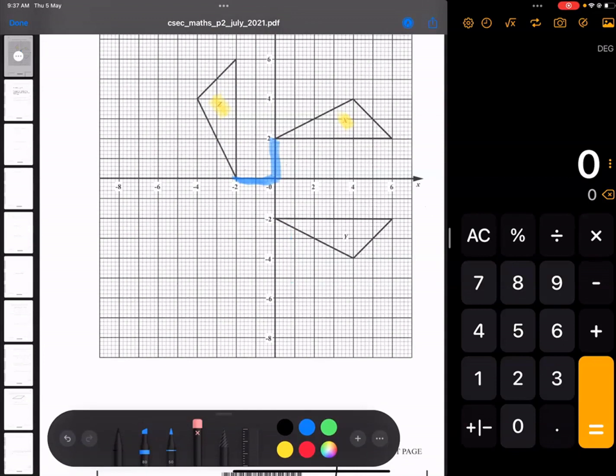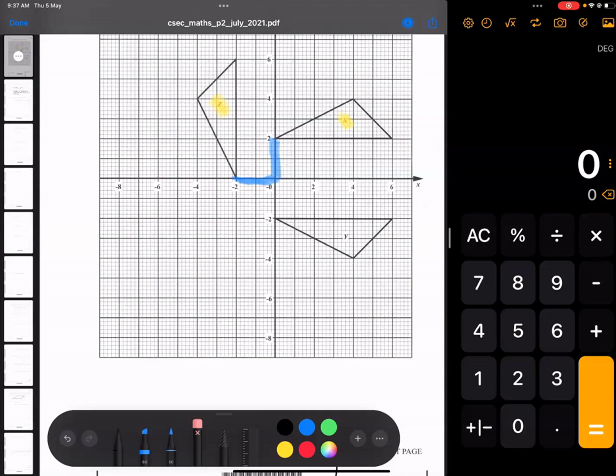Looking at the rotation, the best way to do this at times is to use tracer paper: center that paper at the origin, trace over triangle X, and rotate it to see if you are correct.